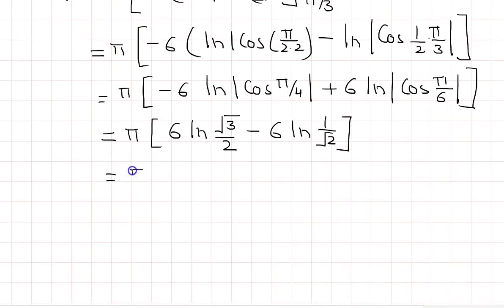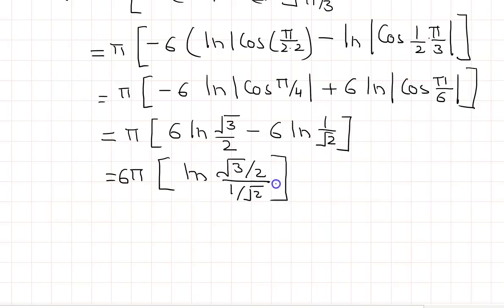So that's equal to pi. Let's take 6 common. Ln root 3 over 2 over 1 over root 2. We have used log a minus log b.